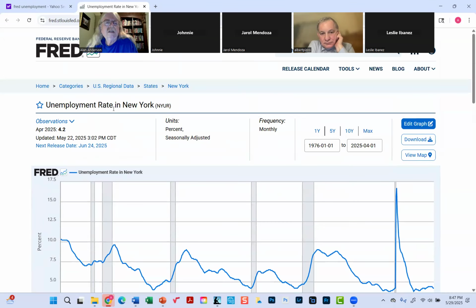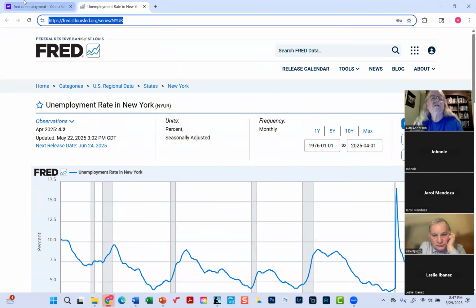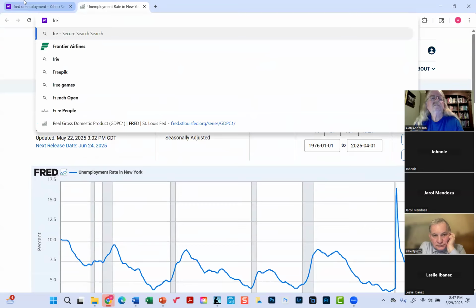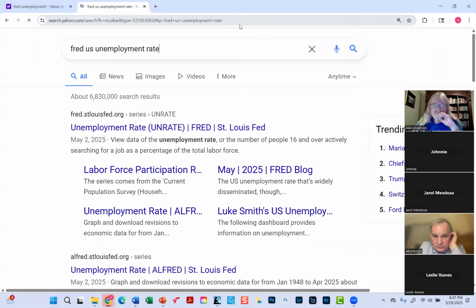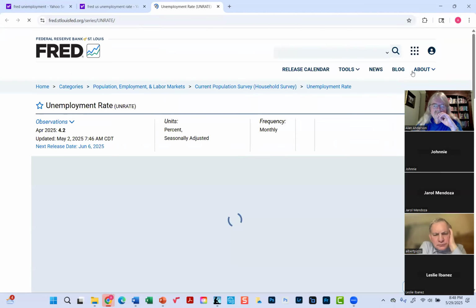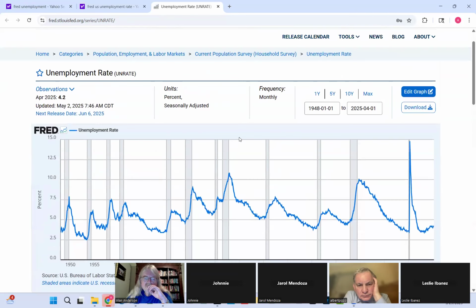Oh, I didn't notice that. That might be why it's so high. I think for the whole country, it's lower than that. There it is. It's around 4-ish.